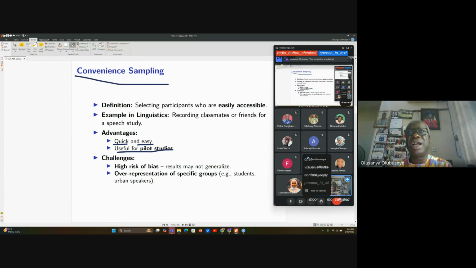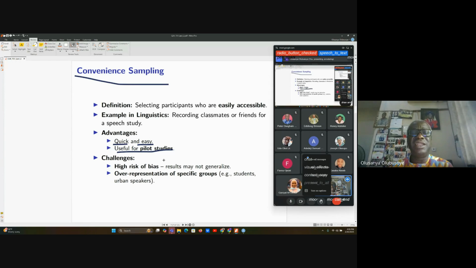So it's just to have an idea of what will likely happen in the main study. So you can employ convenience sampling, but it's only useful for pilot studies.